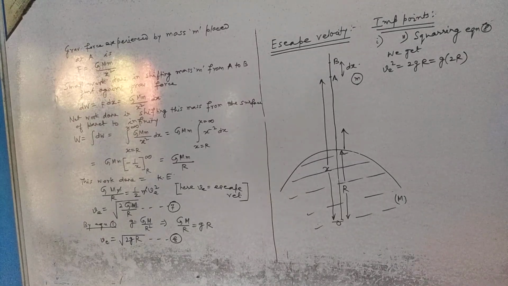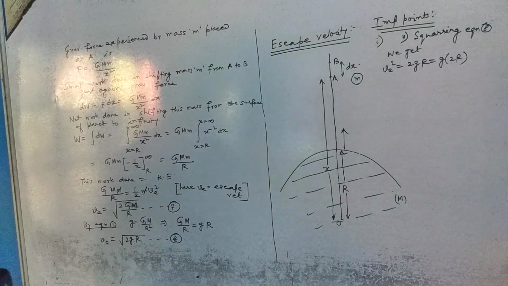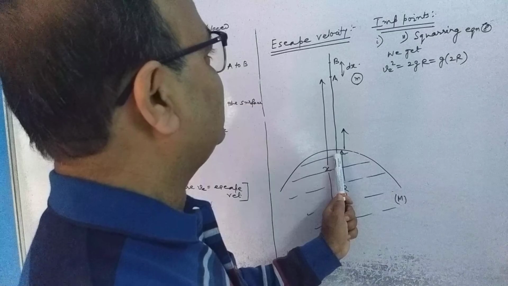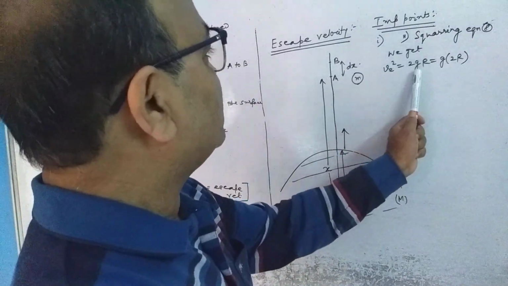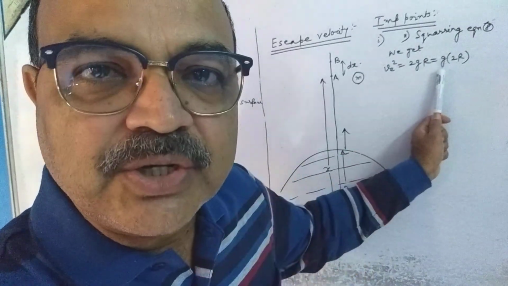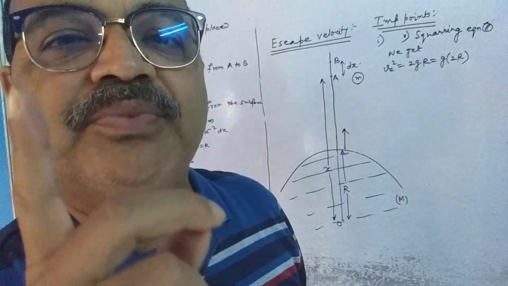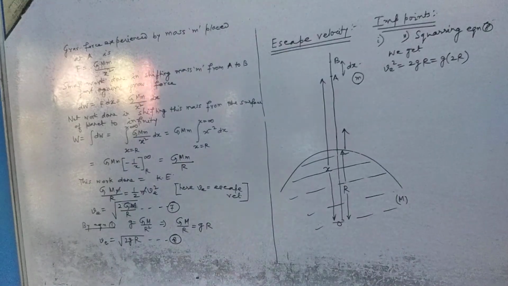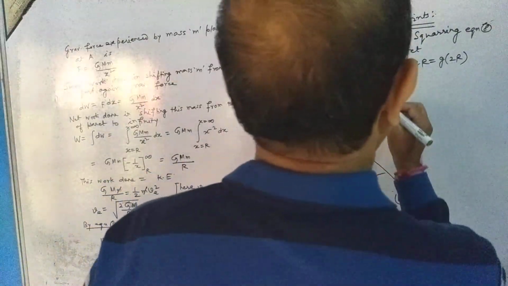Squaring equation 8, what we are getting? What does this indicate? Hence the square of the escape velocity from the surface of the planet is the product of the acceleration due to gravity and the diameter of the planet. Acceleration due to gravity and the diameter of the planet.